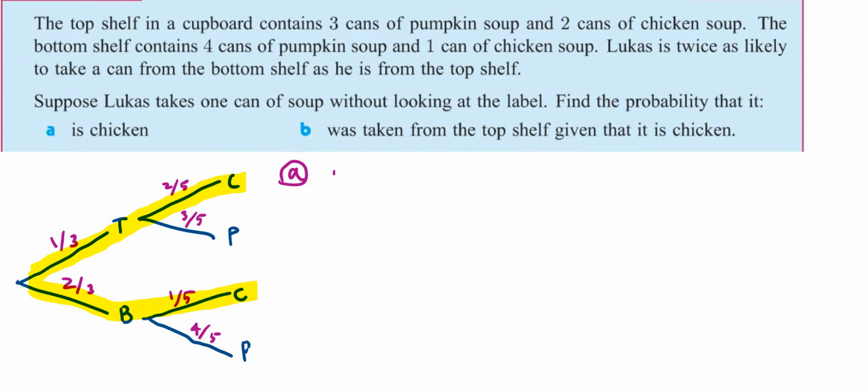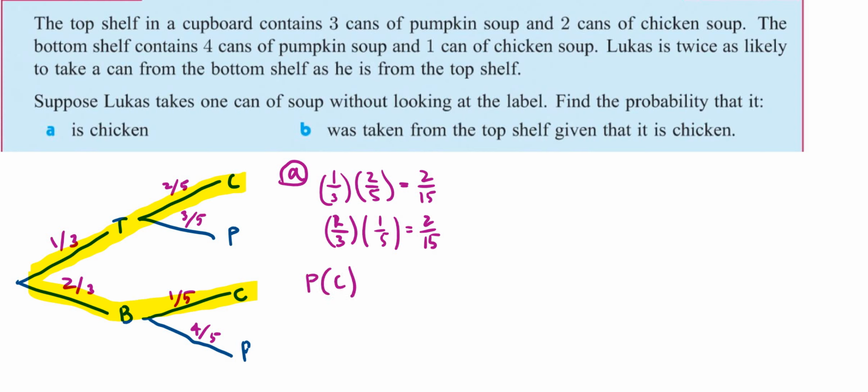So I have on my top branch 1/3 times 2/5, which equals 2/15. And on the bottom choice, I have 2/3 times 1/5, which is also 2/15. So that means that the probability of choosing just chicken is 4 out of 15 because I add those 2 probabilities. So that's the answer to A.